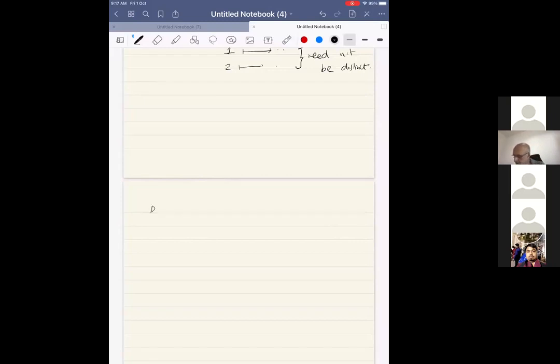So recall, given a subset S of a vector space V, we say that S is linearly independent if the following holds.